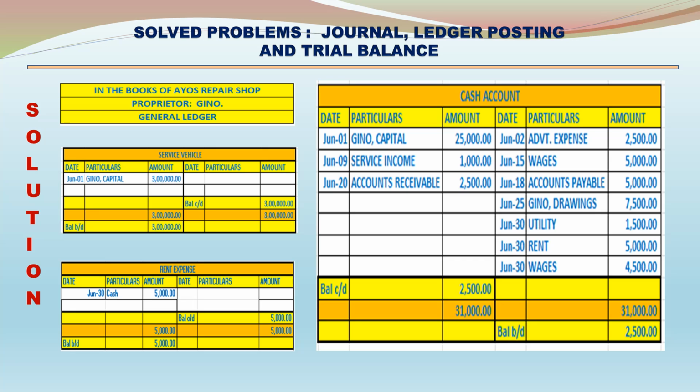On the credit side: June 2 Advertisement Expense 2,500, June 15 Wages 5,000, June 18 Accounts Payable 5,000, June 25 Gino Drawings 7,500, June 30 Utility 1,500, June 30 Rent 5,000, June 30 Wages 4,500. Total payments 31,000, total receipts 28,500. There is an overdraft, balance brought down 2,500, on the credit side of the cash book.